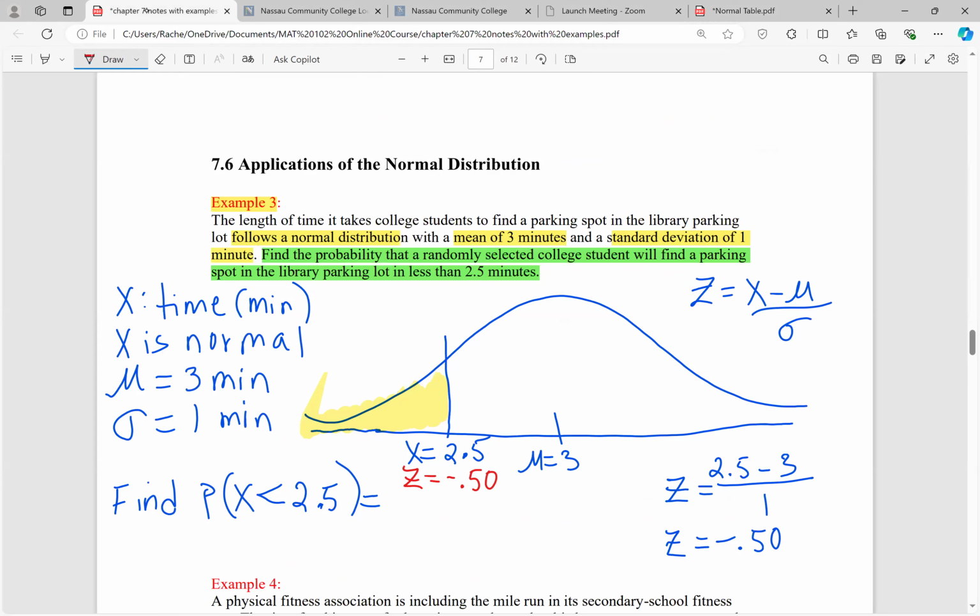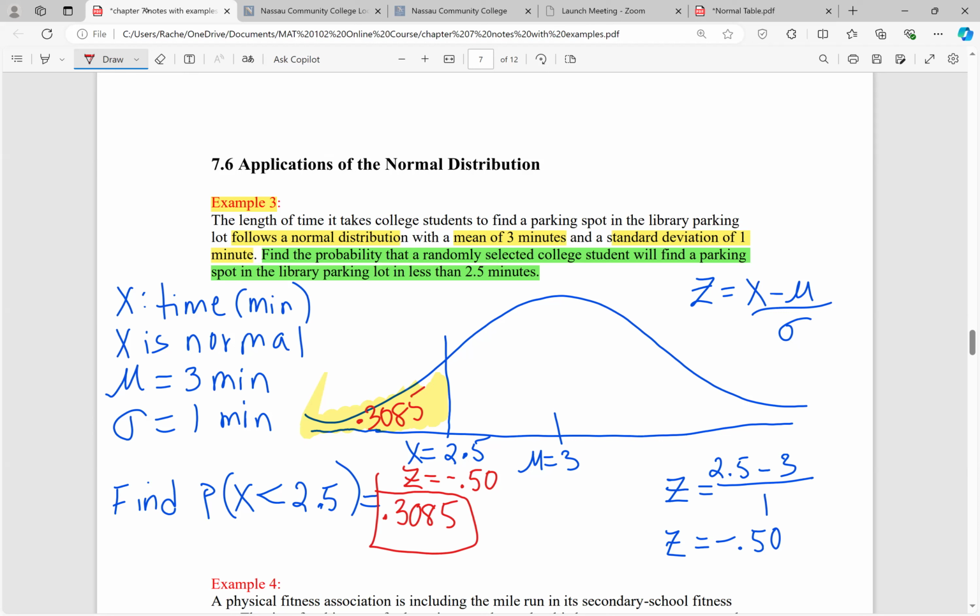So this area right here is going to be equal to 0.3085, and that's going to be the answer to our probability question. So that's the probability that a college student's going to find a parking spot in less than 2.5 minutes. They have about a 30.85% chance of taking that long, less than 2.5 minutes.